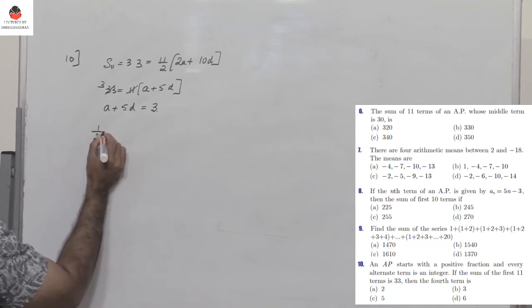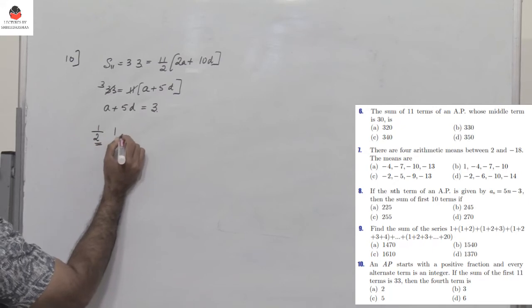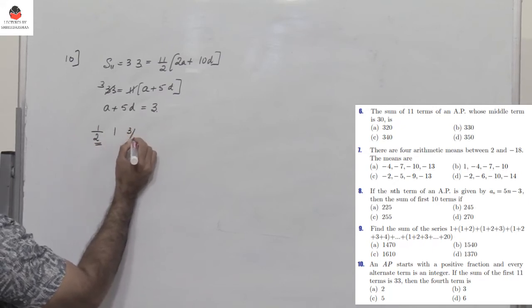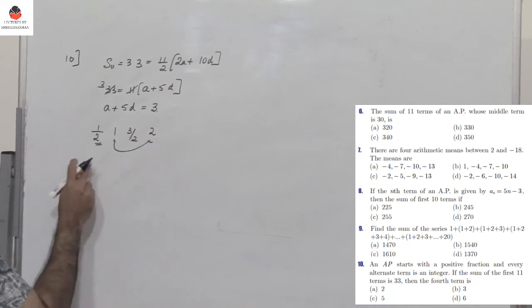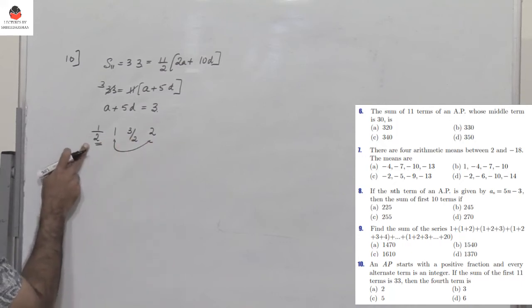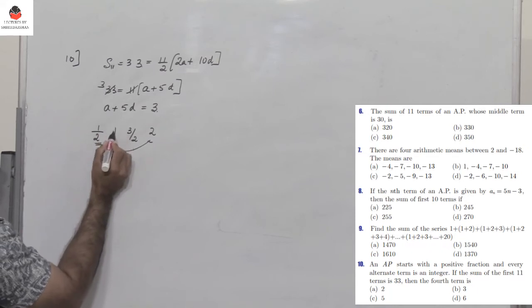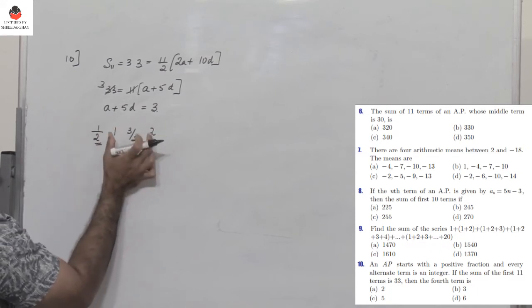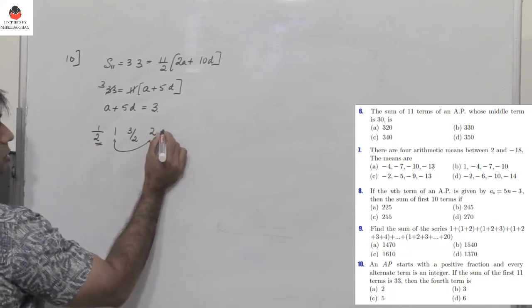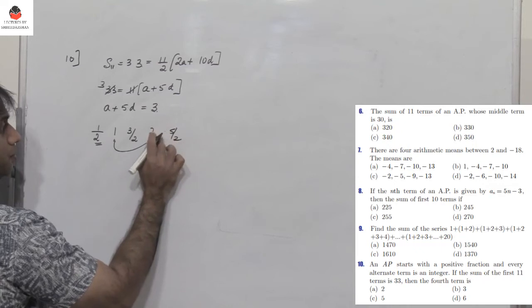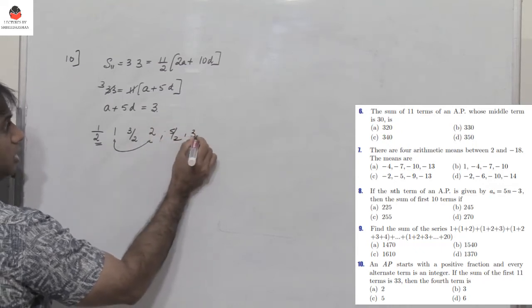So let the first fraction be 1 by 2, the second one is 1, and then you have 3 by 2, because every alternate term is an integer and it starts with a positive fraction. So therefore if the alternate terms are integers, then the common difference has to be 1 by 2. So the next one would be 5 by 2, and then you have 3 and so on.